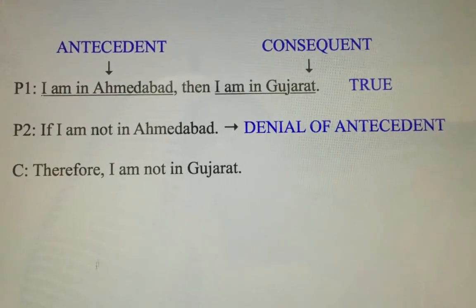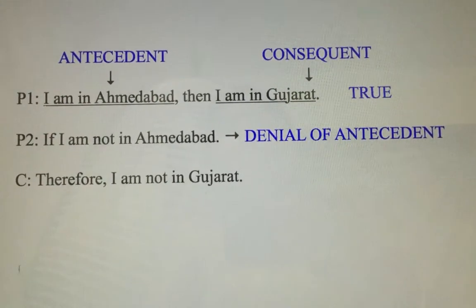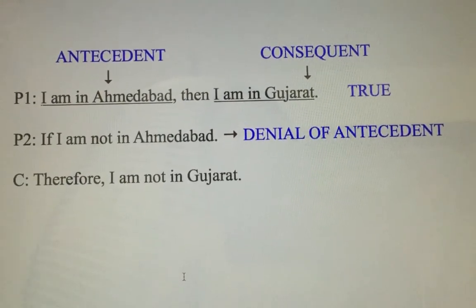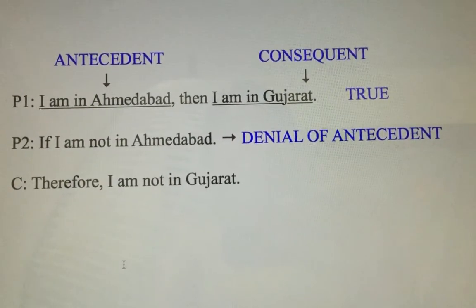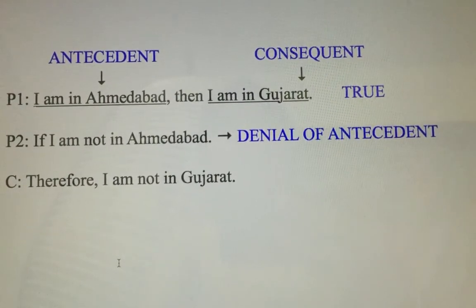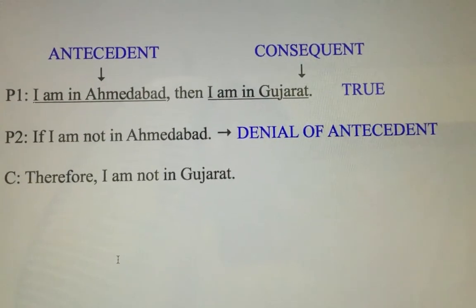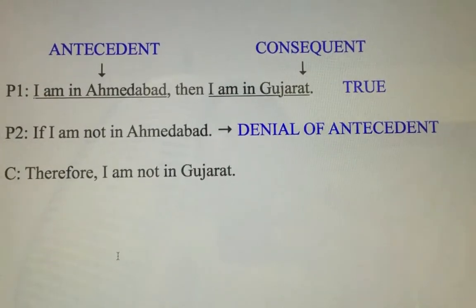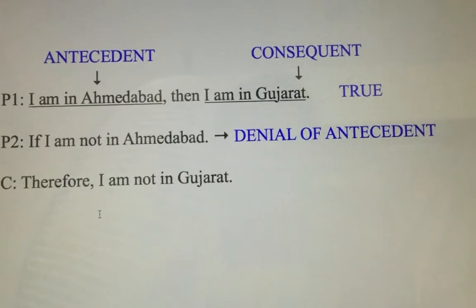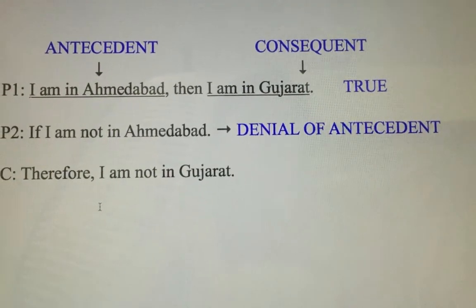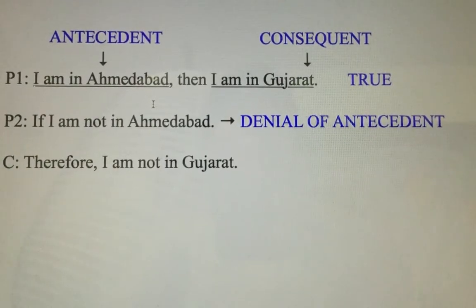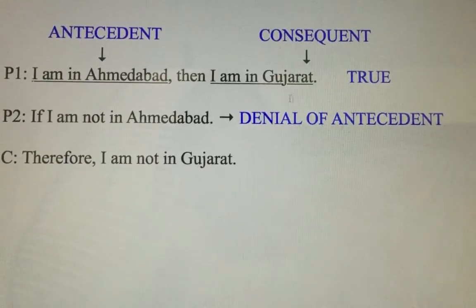So here also the rule of the denying the antecedent fallacy behaves as P1 contains if P then Q, P2 contains not P, and the conclusion contains not Q. But see, read the argument carefully: if I am in Ahmedabad, then I am in Gujarat.